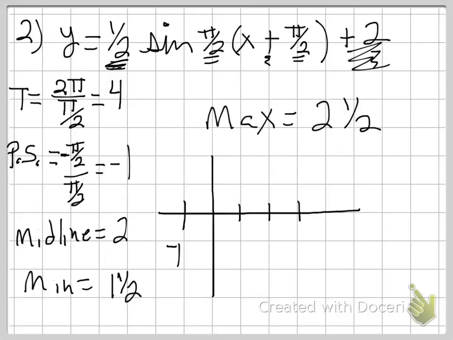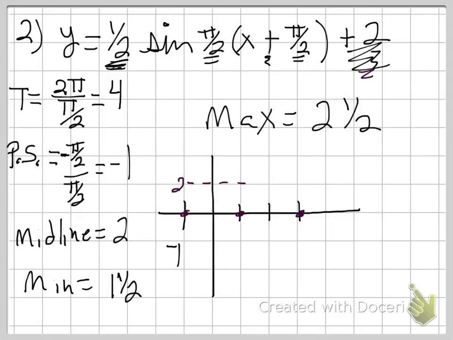So I know that I'm going to start here, I'm going to end there, and because it's a sine function, midway through I'm going to be at my midpoint. But now we've got to look at again that we're shifted up 2 units. So I'm going to call this up here too.